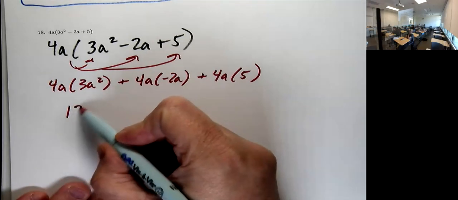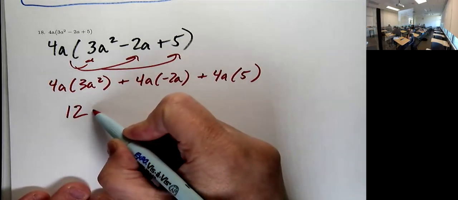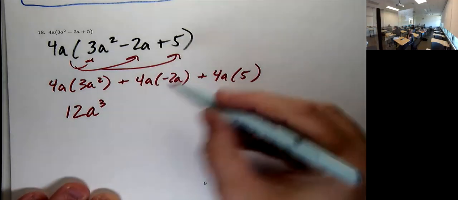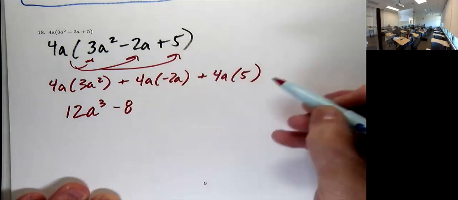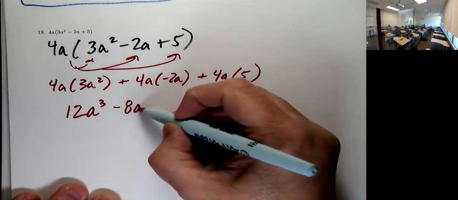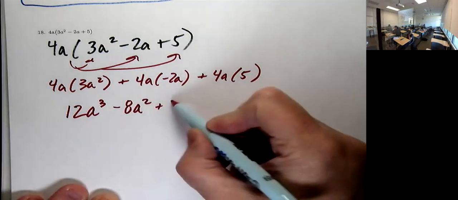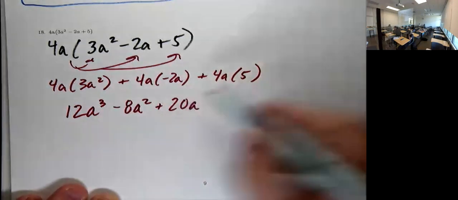Four times 3 is 12. A times A squared is A cubed. 4 times negative 2 is negative 8. A times A is A squared. And 4 times 5 is 20, and we have just one A there.